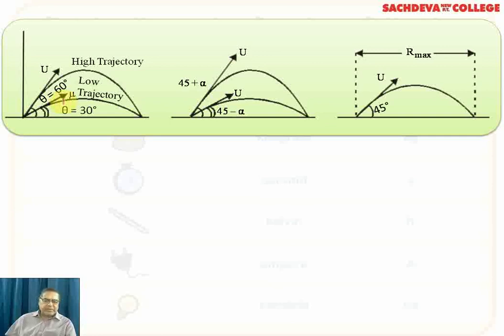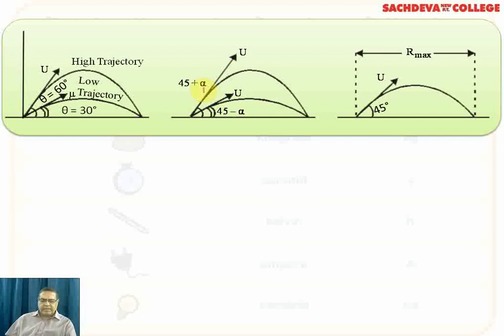Now in the second figure, the angle of projection is 45 minus alpha and the other angle of projection is 45 plus alpha. So only the heights of the trajectories are changing, but the horizontal range remains the same.